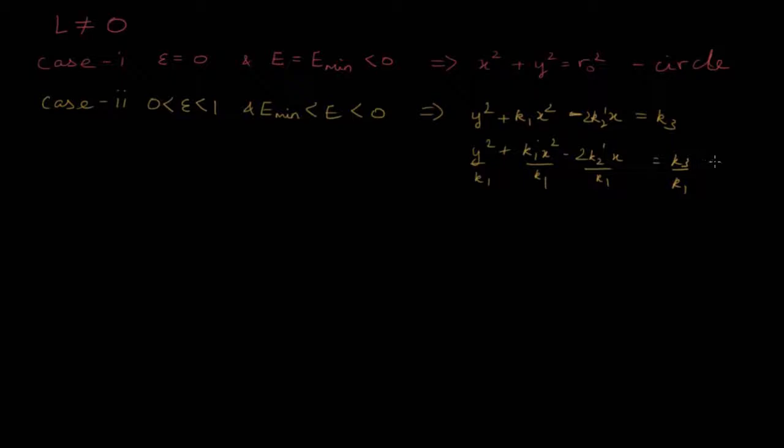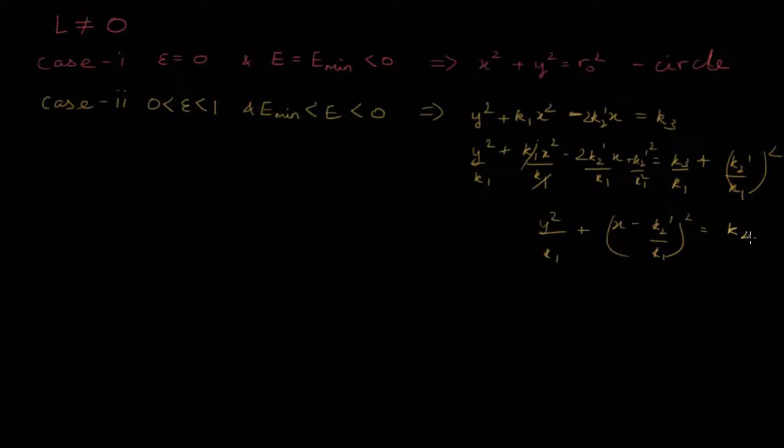From this k3 by k1 I would just add k2 dash by k1 whole square on both sides plus k2 dash by k1 square. So this is a square that goes off. So this is a square. So we've got y square by k1 plus x minus k2 dash by k1 whole square equals, I'll just call this some other constant.